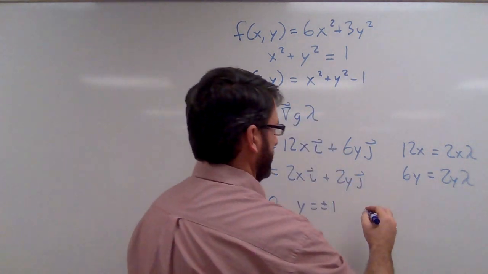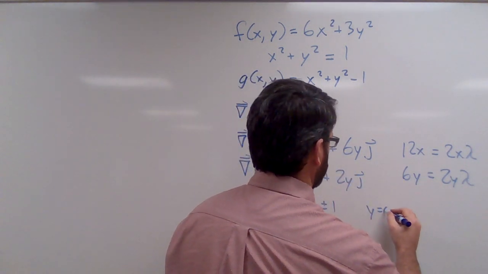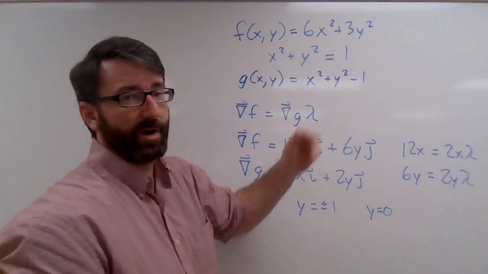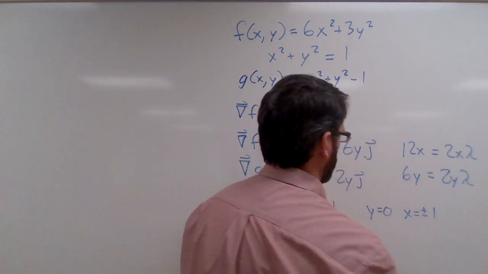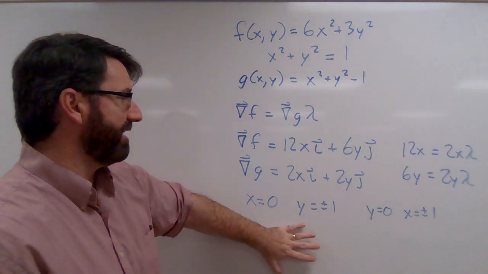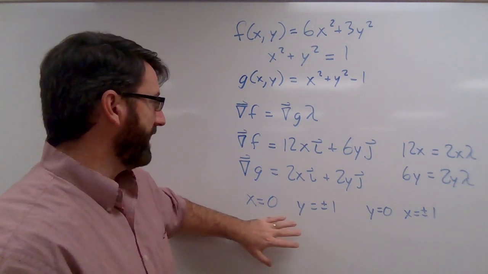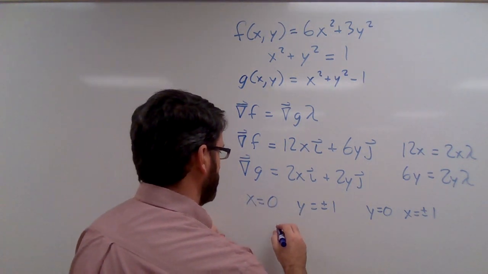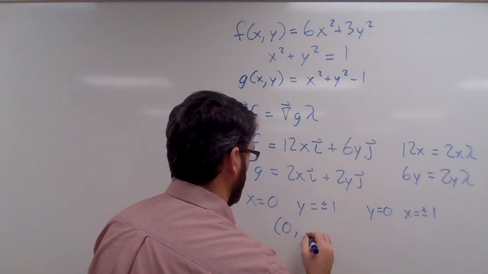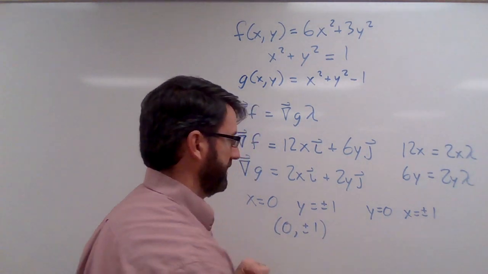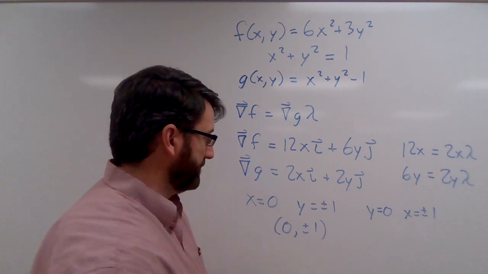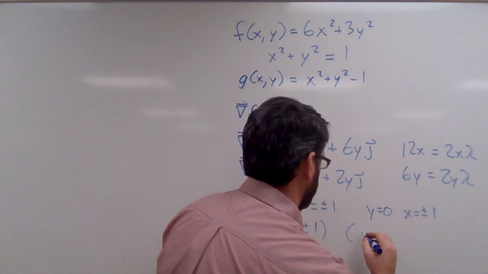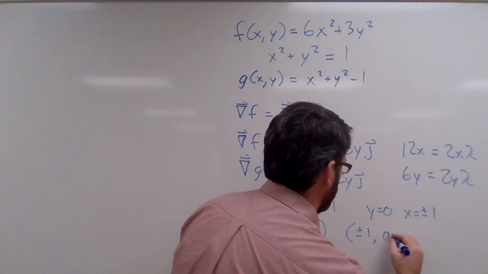And then similarly, if y is equal to 0, then x squared is equal to 1, so x is plus or minus 1. So now we have 4 points here. We've got the point 0, plus or minus 1, so 0, 1, and 0, negative 1 are 2 of the points. And then we've got plus or minus 1, 0.